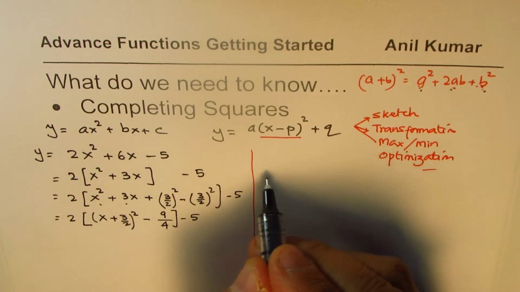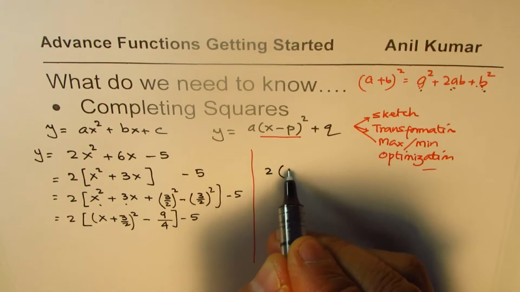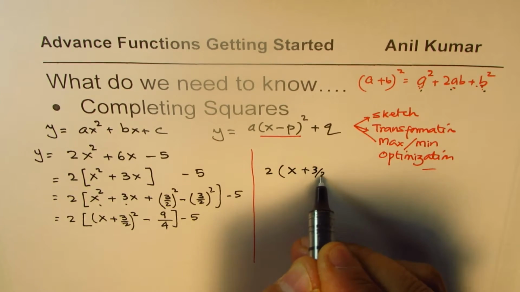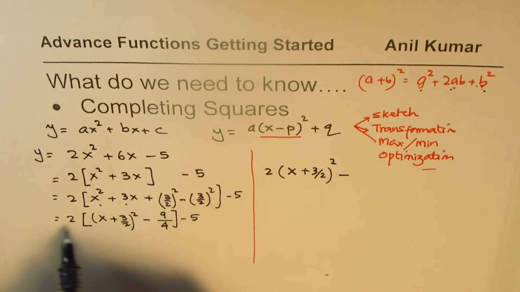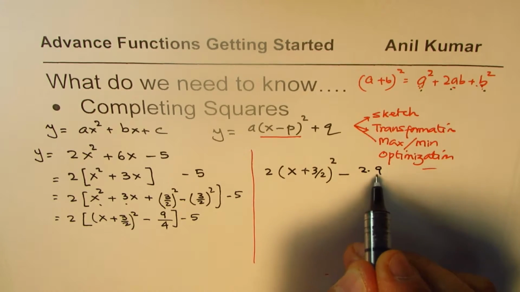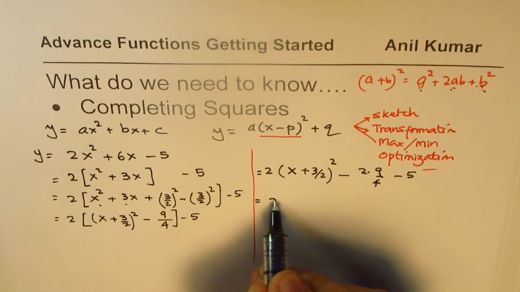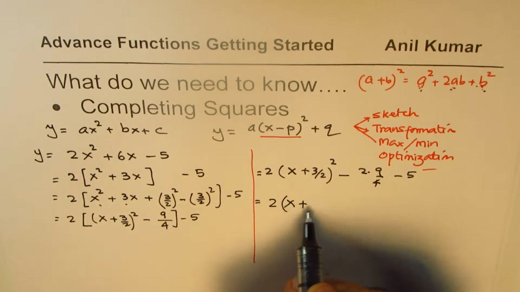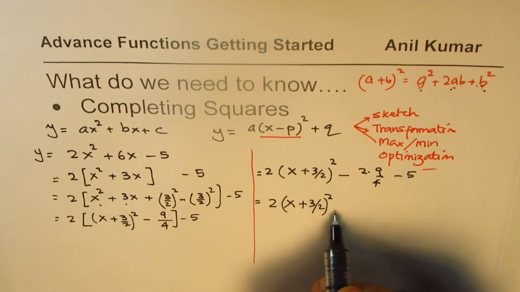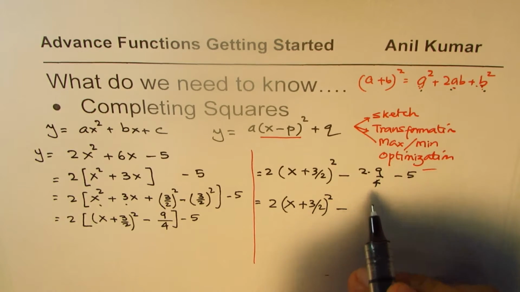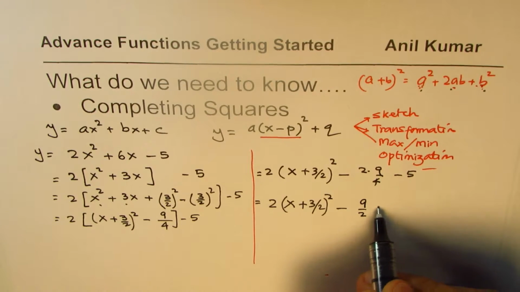So we open the bracket, so we can write this as 2 times (x plus 3 over 2) whole squared minus 2 times 9 over 4 minus 5. That is equal to 2 times (x plus 3 over 2) whole squared minus 9 over 2 minus 5.